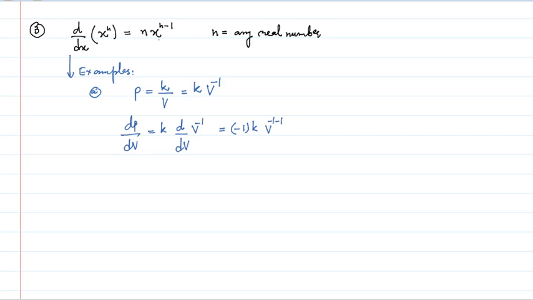We are simply using this formula. So you can simply write it as minus k v raised power minus 2. Or you can further simplify this and write it in this form also, minus k upon v square.